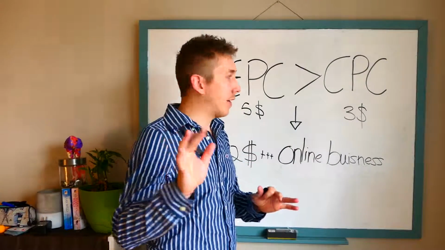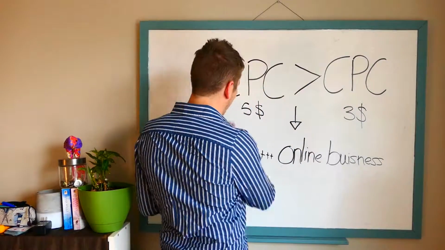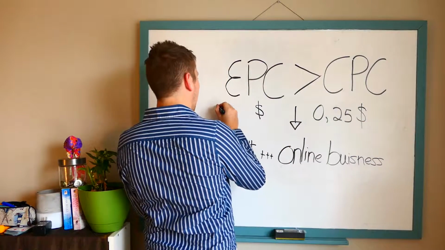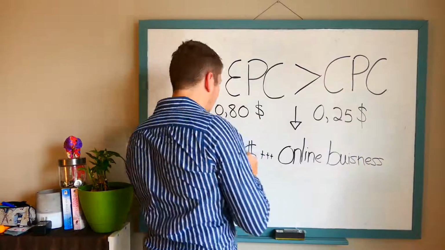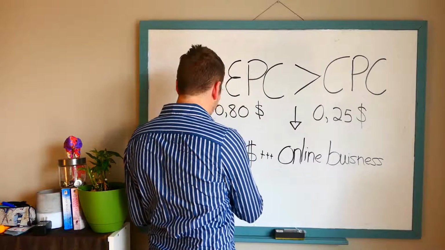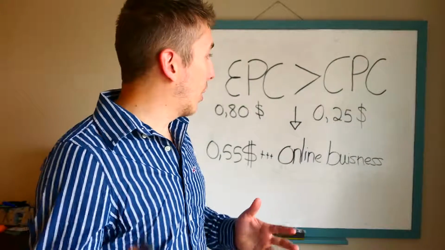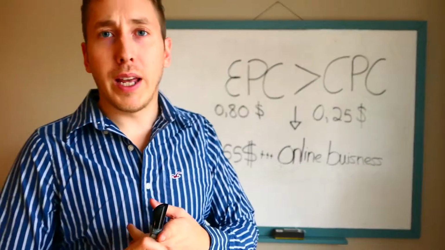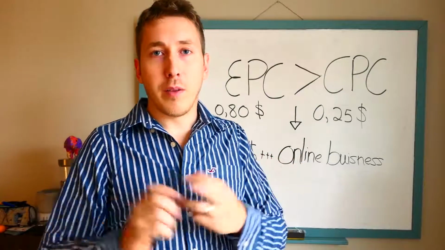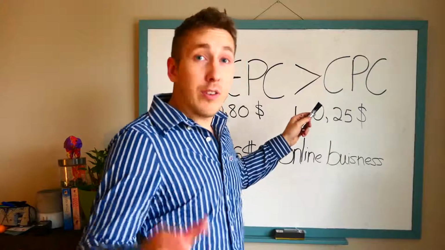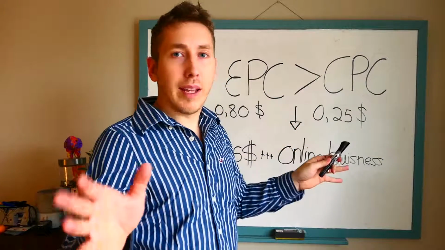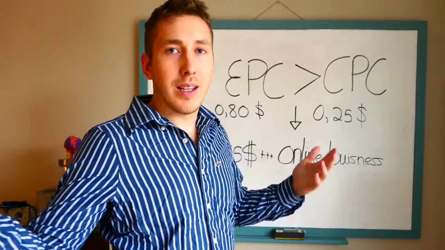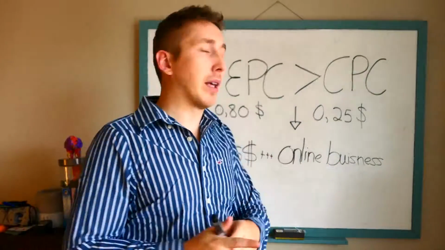Let me give you another example. Let's say you're putting an ad on Futurenet or banner ads, anything, and you sell a product for about $10. If they go on the link and go through the process, they're gonna buy a product that's gonna give you 10 bucks.